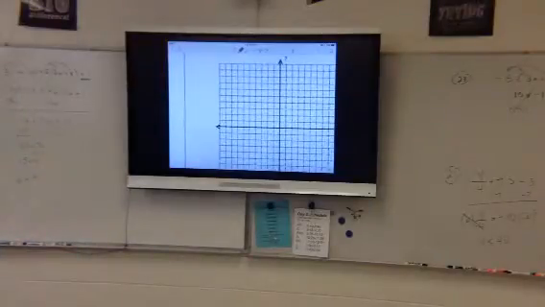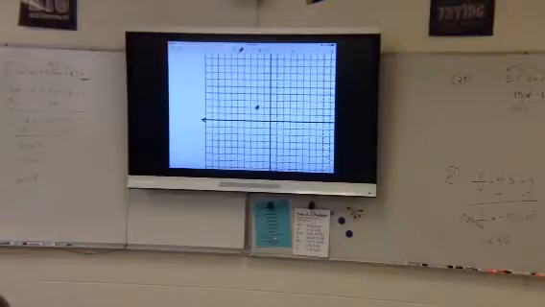Okay, so now when we graph this, -2, 2. -1, 1. 0, 0, 1, 1, and 2, 2. What shape does that kind of look like to you? A V, okay? All absolute values will be shaped like a V. Anytime you have an absolute value, it will look like a V of some sort.